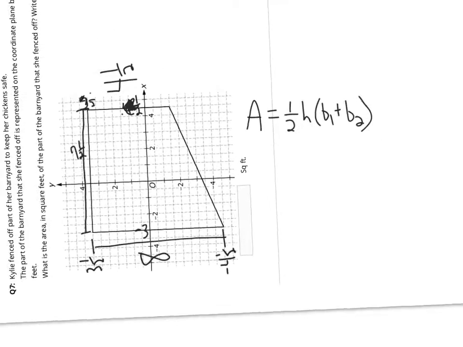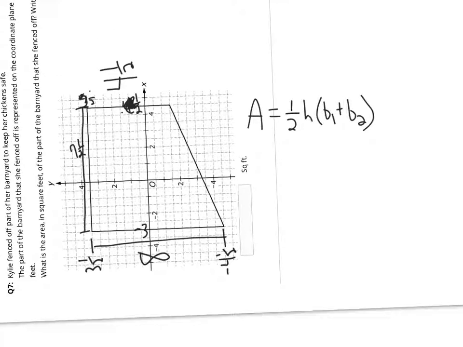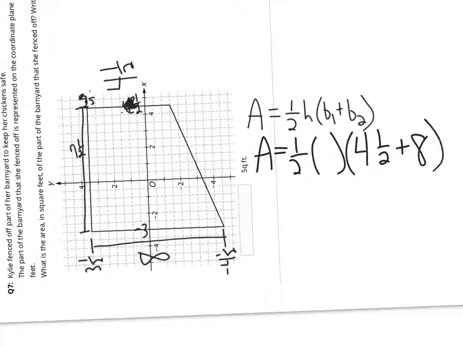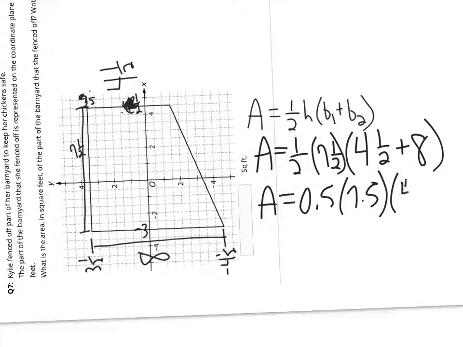So now we can find our area. What we need to remember here is that the bases are parallel. So the parallel bases would be the 4.5 and the 8. And the height would be 7.5. Now this one, it said to write your answer as a decimal, so if you want to go ahead and change these to decimals, actually would be okay.